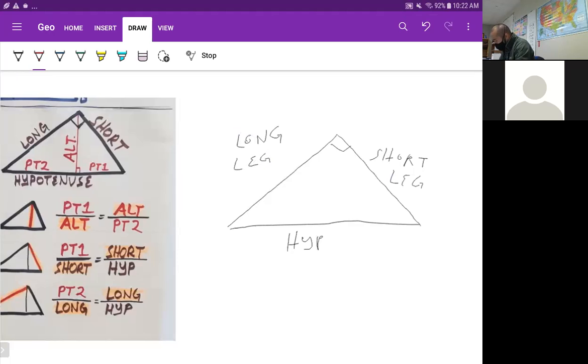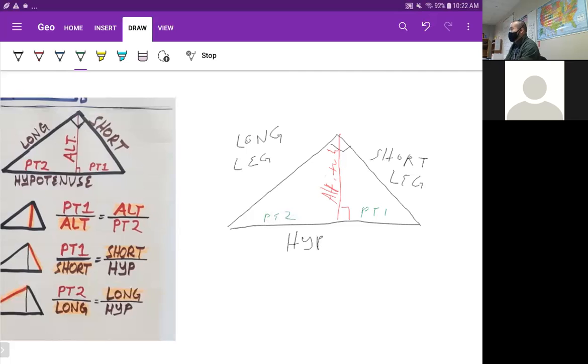And on the inside, the altitude splits it right here, creates a 90. So now you have these other 2 triangles here. But this is the altitude. And then the hypotenuse gets split into 2 parts. So part 1 is the shorter part, and part 2 is the longer part.